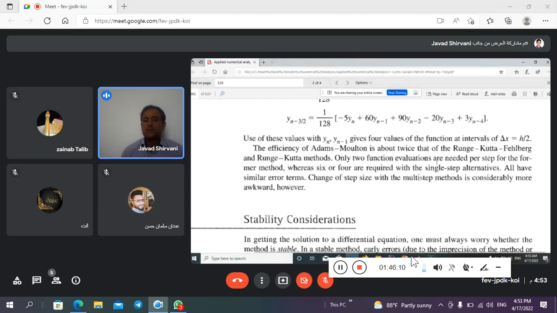Only two function evaluations are needed per step for the former method, for example, here refers to Adams-Moulton, where 6 or 4 are required with the single step alternative in the latter method, which is the Runge-Kutta-Fehlberg approach.